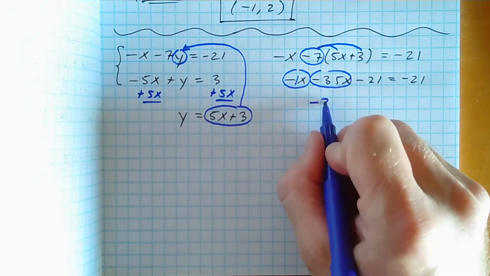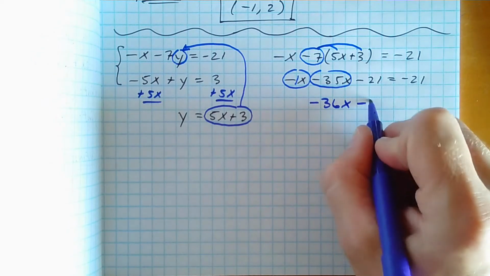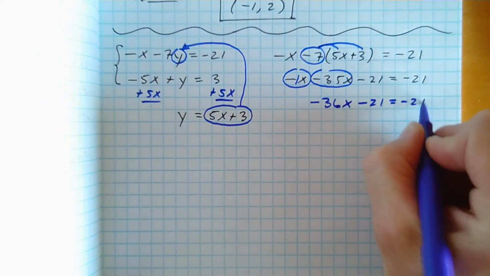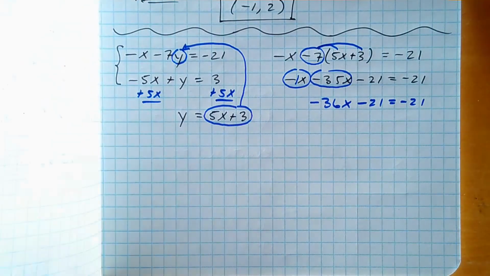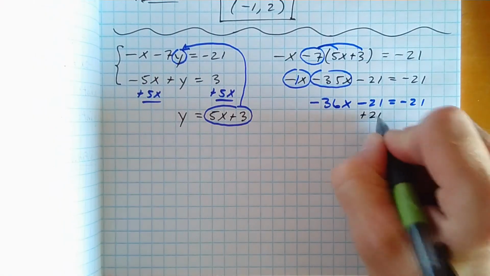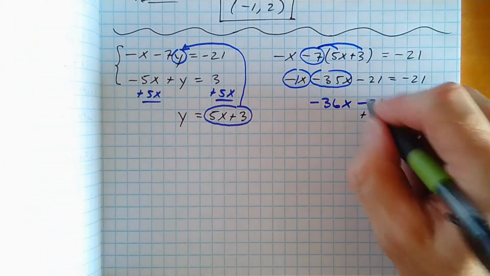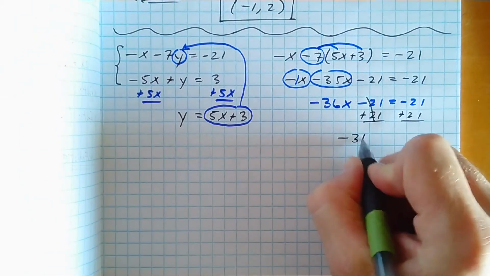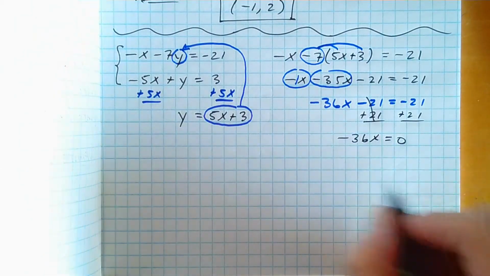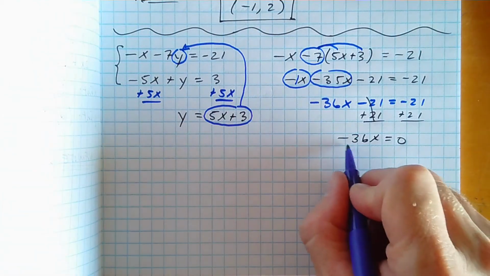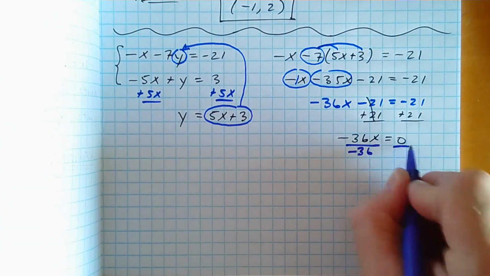That will give me negative 36x minus 21 equals negative 21. Looks like it's going to be complicated, but look what's going to happen. I'm going to add 21 to both sides, and I could see that this will cancel out, and I have negative 36x equals 0. I'm going to divide both sides by negative 36.